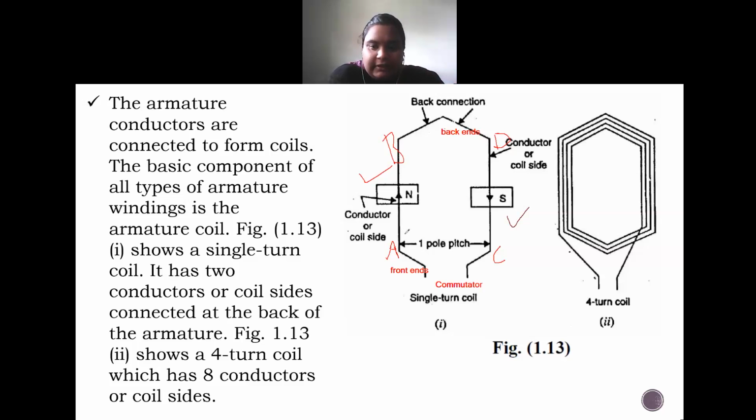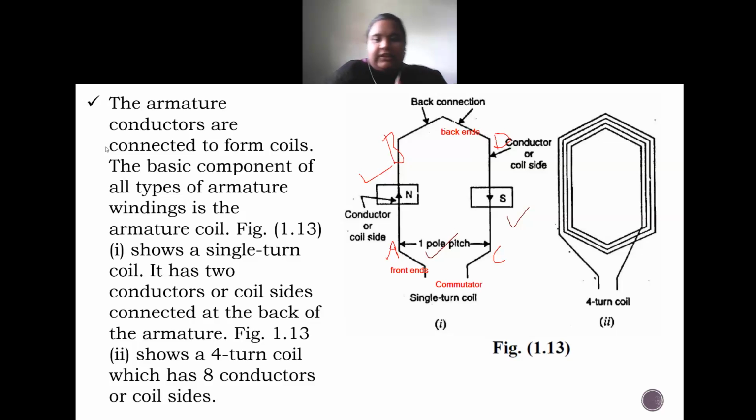That is the span we need to maintain, for AB to be under the north pole and CD under the south pole. The distance between these two is called the pole pitch. This is an important definition. We'll see this in particular, but just understand it here.